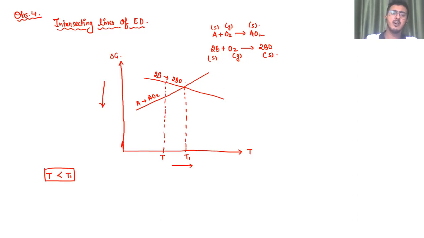If I draw a straight line from this temperature axis, we find that the free energy of A converting to AO2 is much lower, right? It is much lower as compared to the free energy of your B converting into BO.